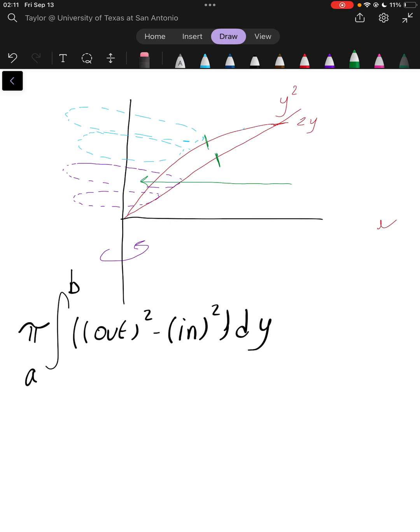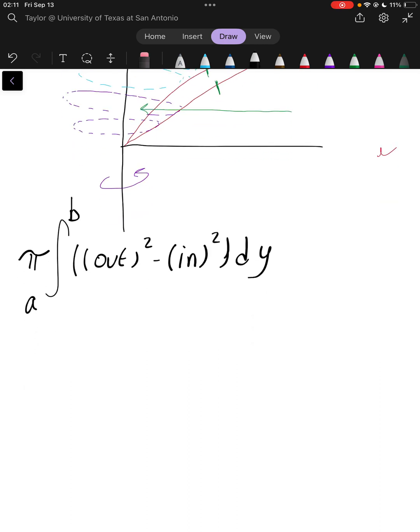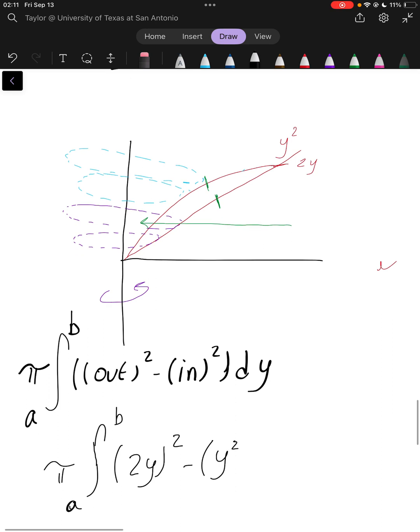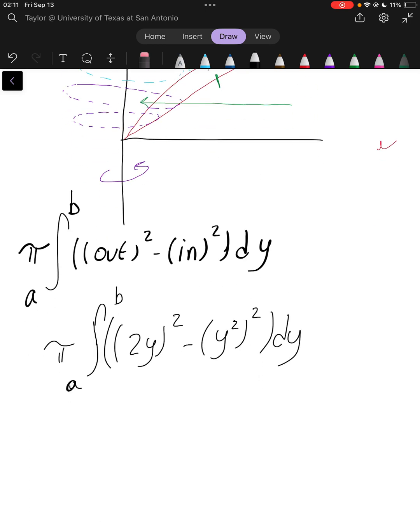So I'm going to go ahead and substitute those in here. Pi, integral a to b, (2y) squared minus y squared dy.